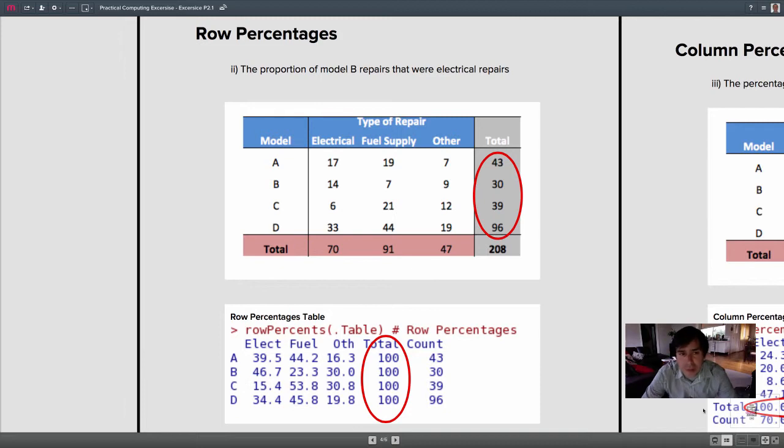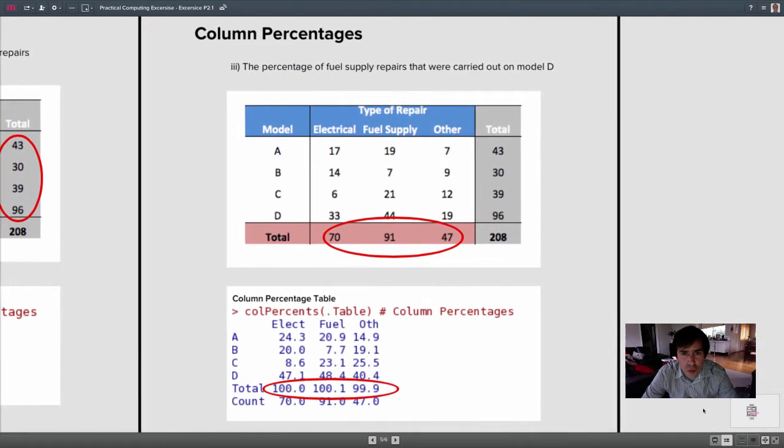The third question is, what is the percentage of fuel supply repairs that were carried out on Model D? Have a look at these tables. In my table, in the total at the bottom, I've got 70, which is the total number of electrical repairs for all 4 models, 91, which is the total number of fuel supply repairs for all 4 models, and other type of repairs for all 4 models, which is 47.